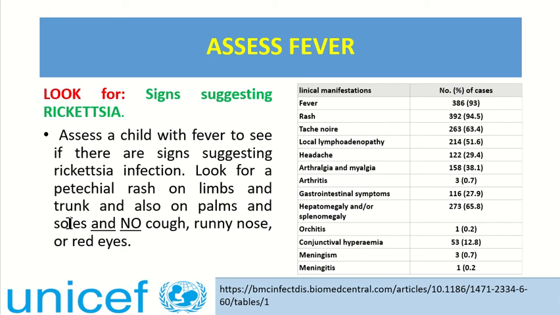GI symptoms, about 1/4 of cases. Hepatosplenomegaly, about 2/3 of cases. Orchitis, about 0.2%. Conjunctival hyperemia, only about 12%. Meningism, less than 1%, and meningitis.